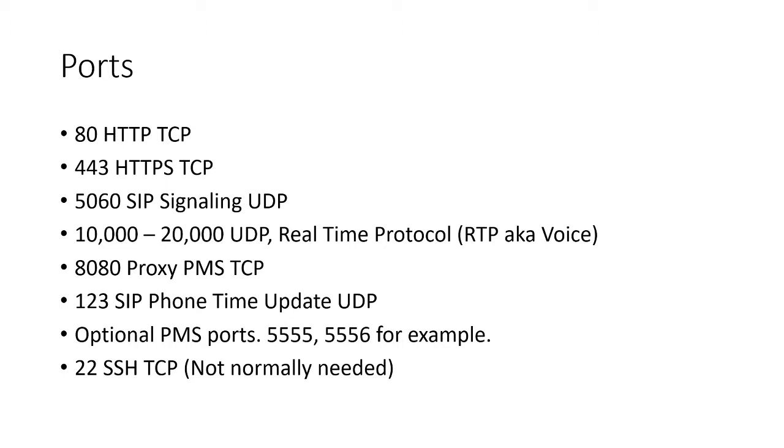So port 22 is usually not open, and we highly recommend that it not be open. It's one of the hackers' favorite things to scan for and test for, to try and find open Linux systems to do whatever they want to do with them. So for that reason, usually port 22 is not open. If it is open, you must have a very strong whitelist engaged so that not anyone can access that port. And we'll talk about ACLs and whitelists here in just a few minutes.